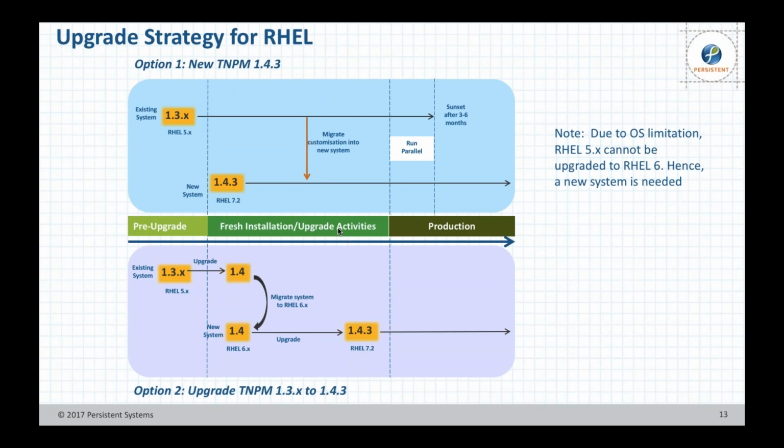Okay, the next question is, is 32-bit supported in 1.4? Yes. In TNPM 1.4, we are using 32-bit. I'm just going to assume that we are talking about specific components in TNPM, for example, the data channel and data load components, because from my experience, most of the questions around 32-bit and 64-bit come from there.